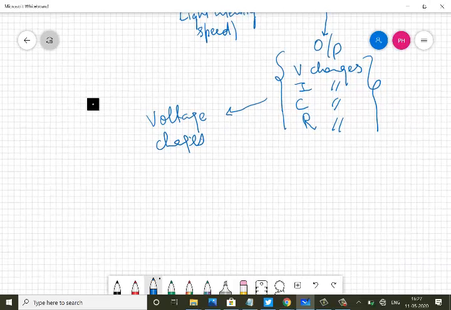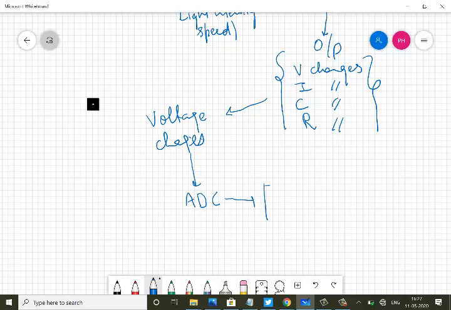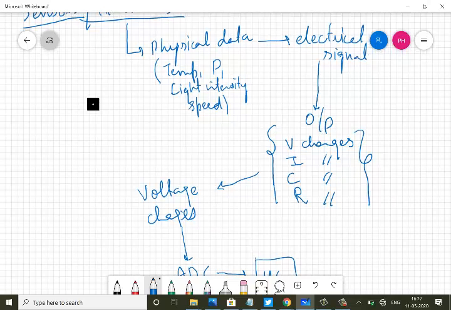In order to send it to the ADC, analog to digital converter, and the ADC will subsequently send it to the microcontroller for processing. So from transducers we get electrical signals. They convert the change in temperature or pressure or any other physical quantity to electrical signals, and these changes may be in terms of voltage, current, capacitance, or resistance.